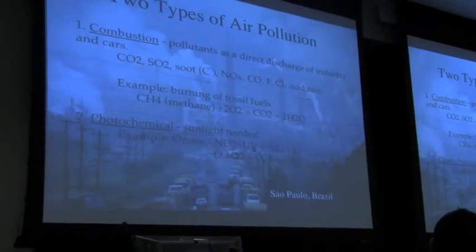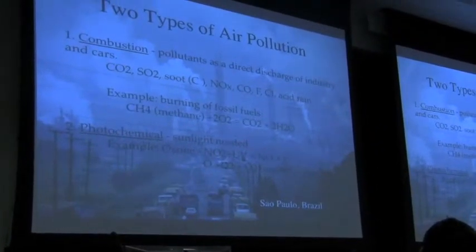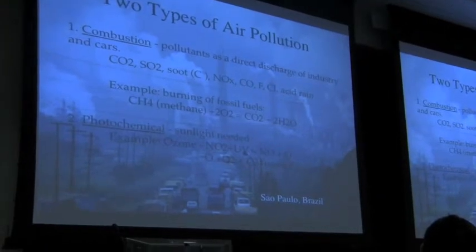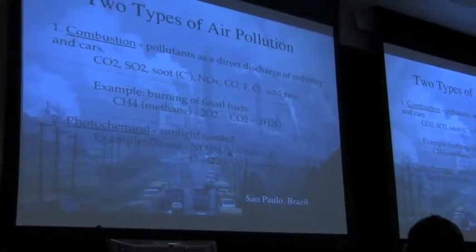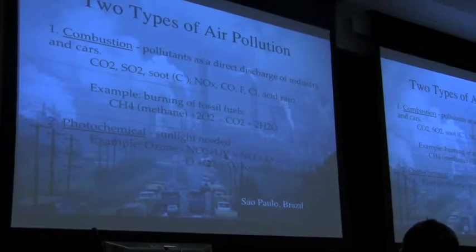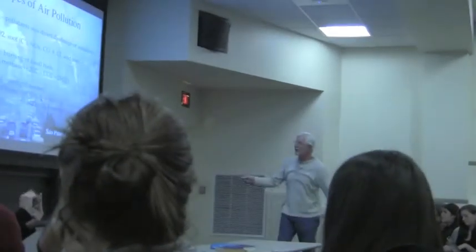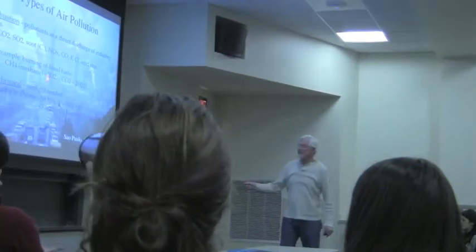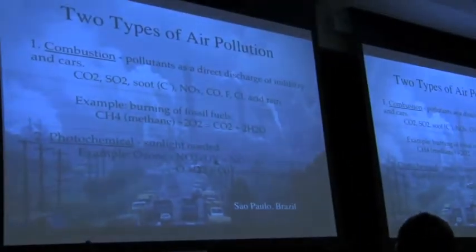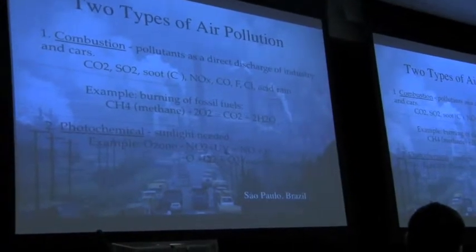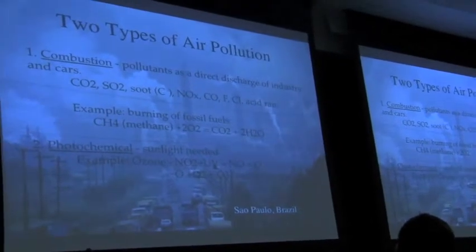So, what's doing all this air pollution? Well, there's two kinds. Only two. Combustion and photochemical. Combustion is when you burn stuff. All right, so you're burning carbon dioxide. When you burn methane, you're oxidizing. Light a match, light wood, light coal, light gasoline, you're oxidizing it. And what you're producing is carbon dioxide and water.